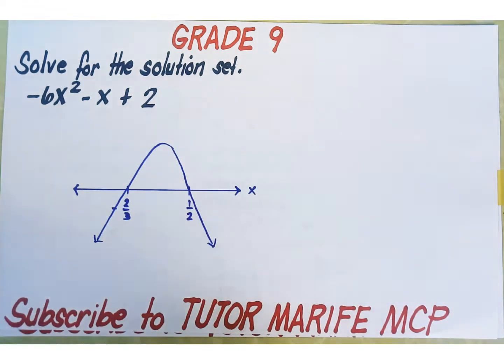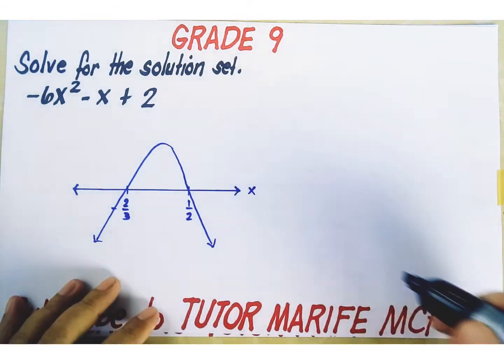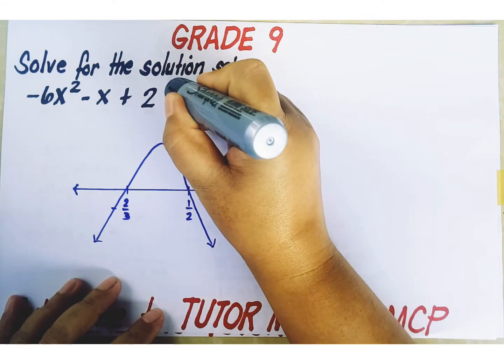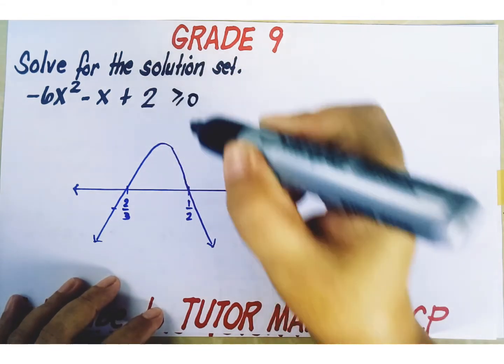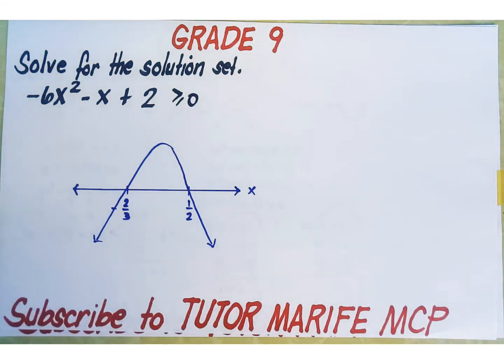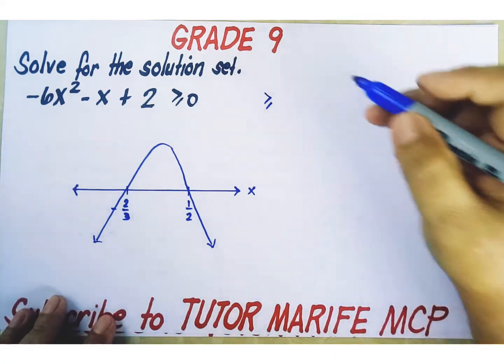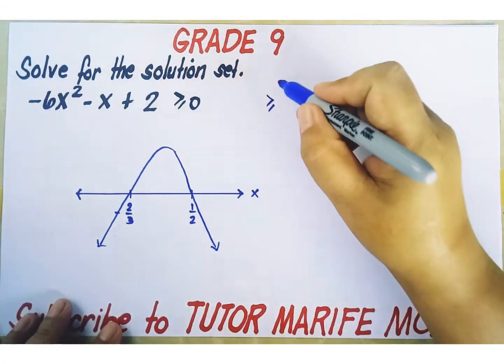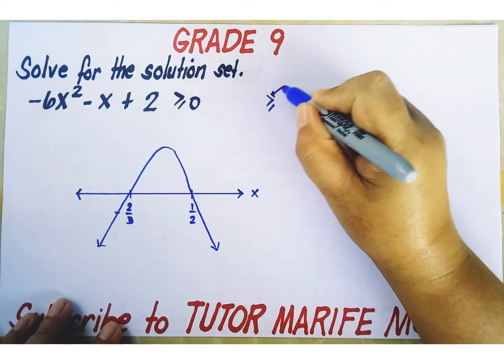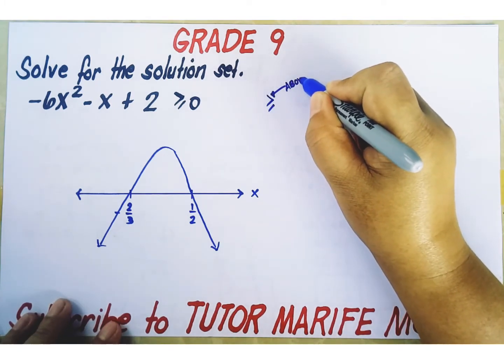Okay. Next, let's consider the given inequality symbol. We're trying to find the solution set of -6x² minus x plus 2 greater than or equal to 0. That means we're trying to look for the points on the graph that are above the x-axis.